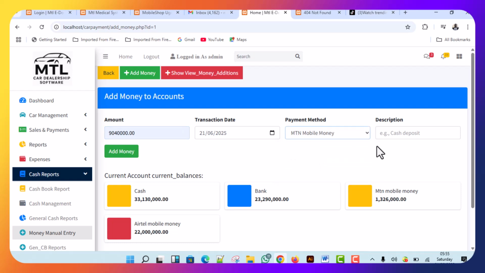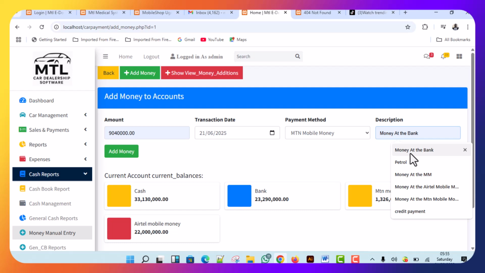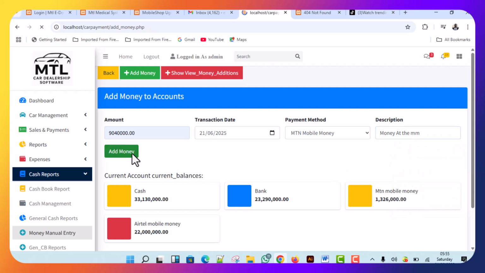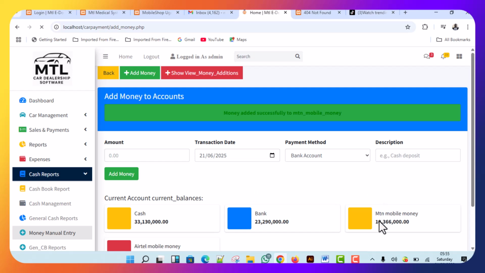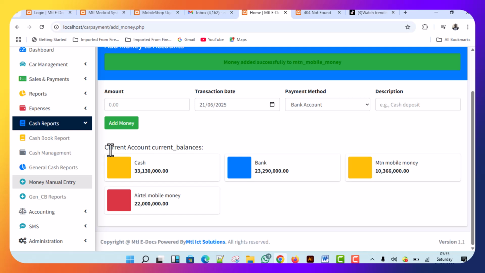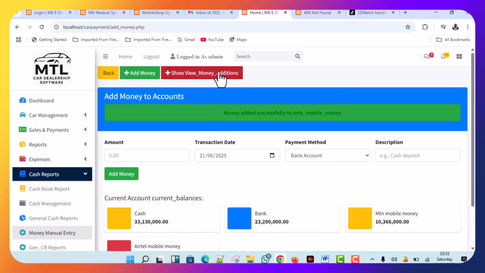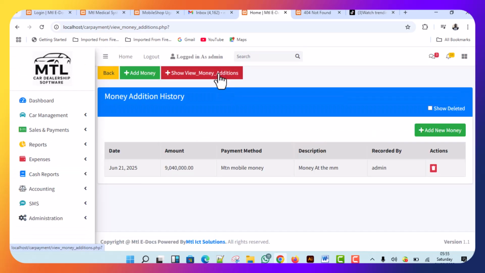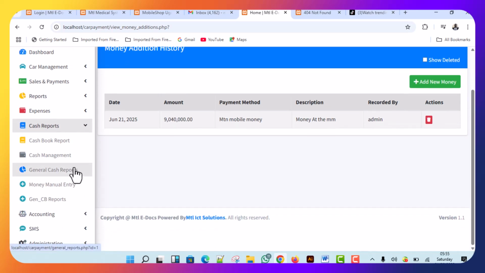Then you add it, which means the MTN mobile money will increase. You can see it has increased by this amount, which means the account has that money. So you can look at all the transactions too. Yeah, so that is the cash book.